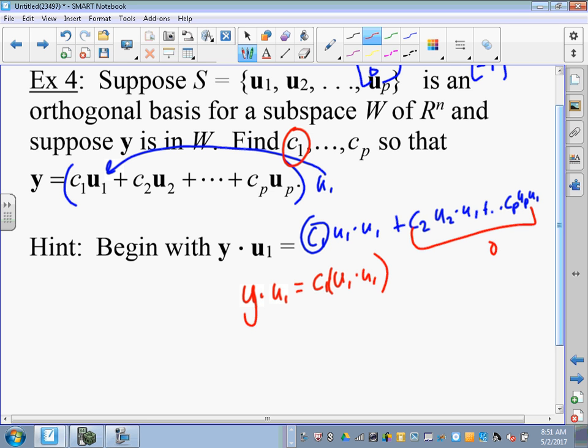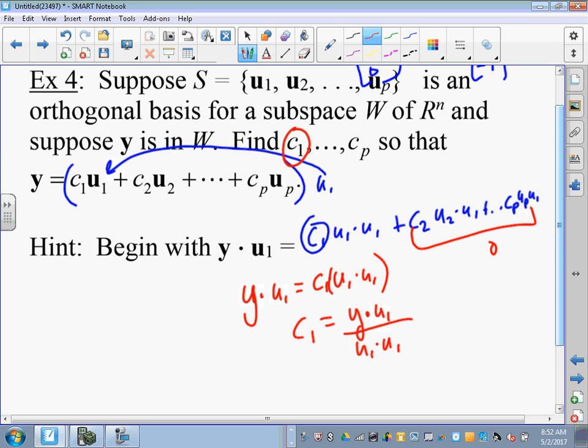Why can we do that? Why can we divide? Just remember from algebra 2, what can you never, ever, ever divide by? 0. And u1 dotted with u1 is not 0. We're not throwing in 0 vectors in there. Okay? So we know that c1 is going to be y dotted with u1 over u1 dotted with u1.